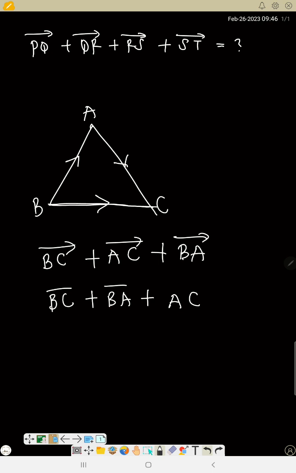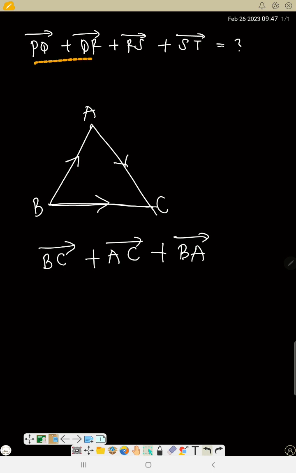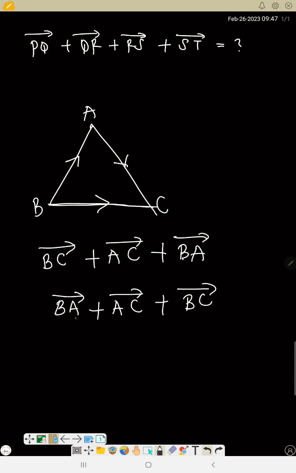So now arrange it to be something like this. So that means we can have BA plus AC, so plus BC. So I'm arranging in such a way that this and this will be alike.